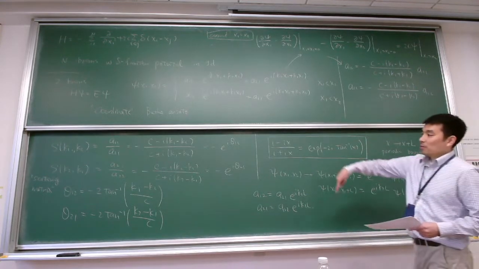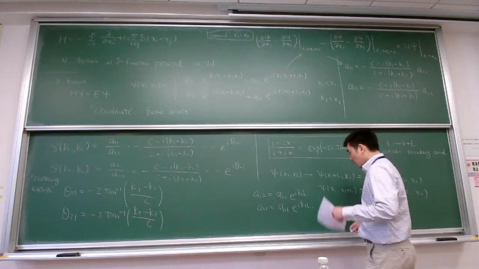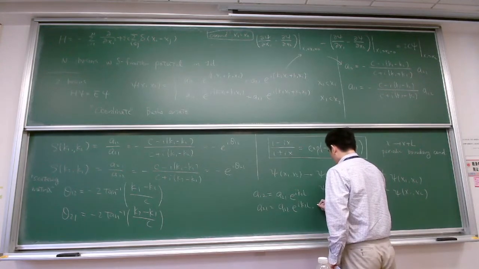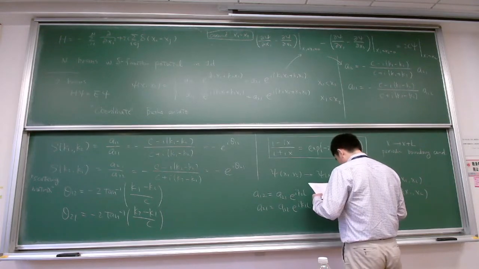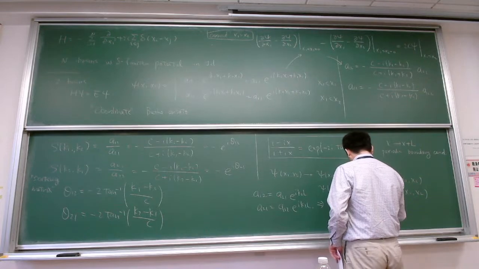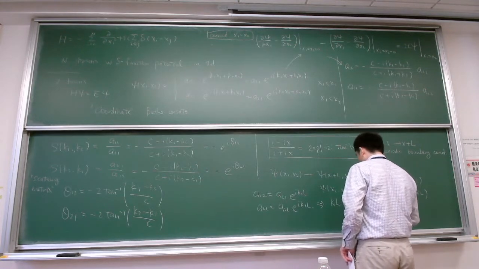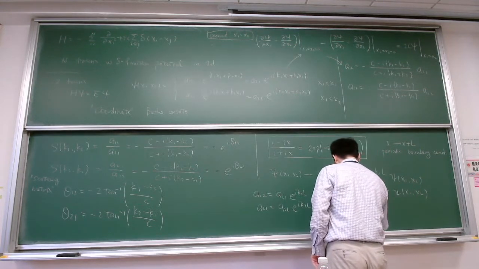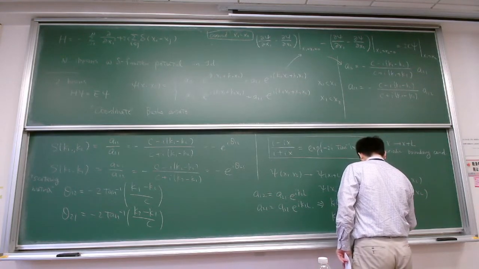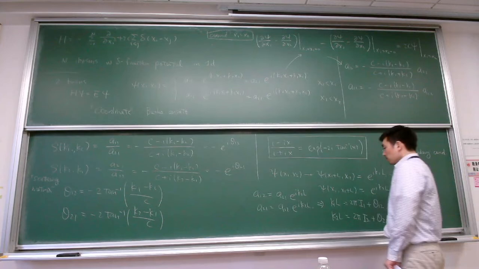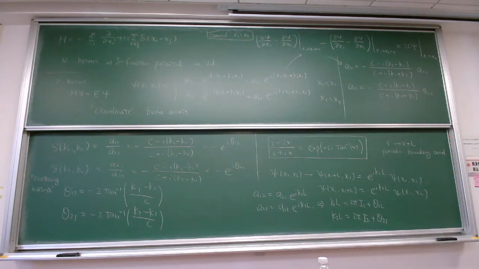Then if you compare between them, you can just solve for K1 L is equal to 2 pi I1 plus theta 1,2, and K2 L is equal to 2 pi I2 plus theta 2,1.